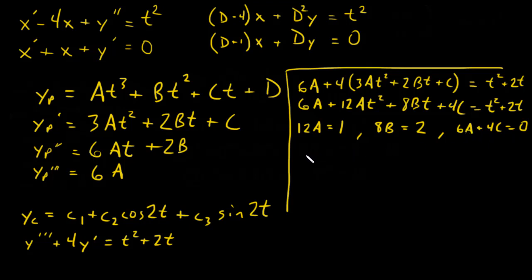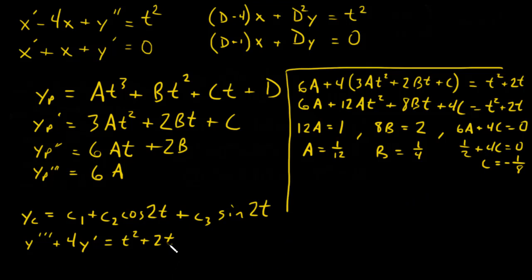Alrighty, so this means a is equal to 1/12, b is equal to 1/4. And so this is going to be 6a, so that would be 1/2 plus 4c equals 0. c equals -1/8.